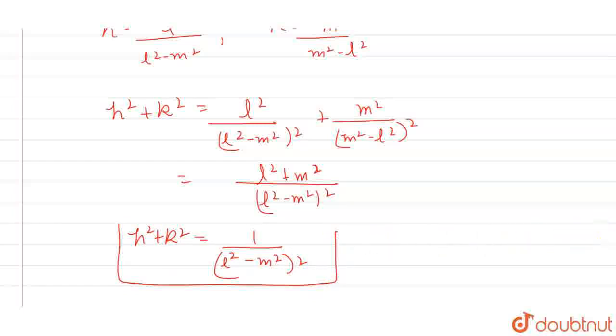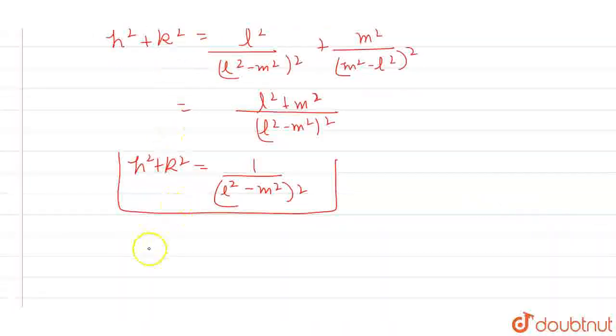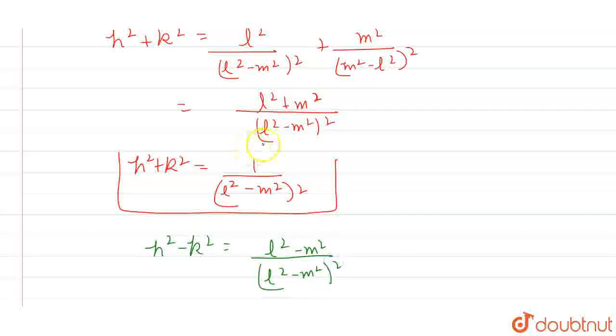Now if I find the value of h square minus k square, repeating these steps, I'll get l square minus m square divided by l square minus m square whole square. After solving this, h square minus k square becomes 1 over l square minus m square.